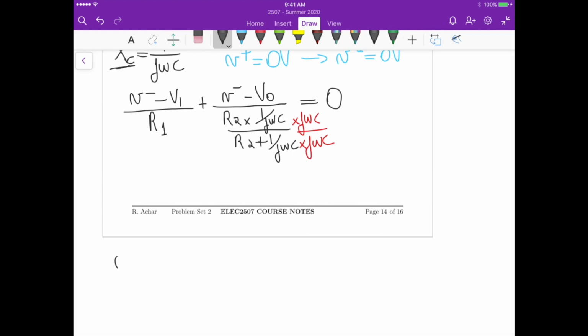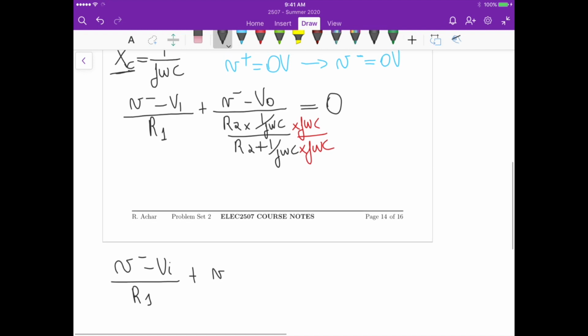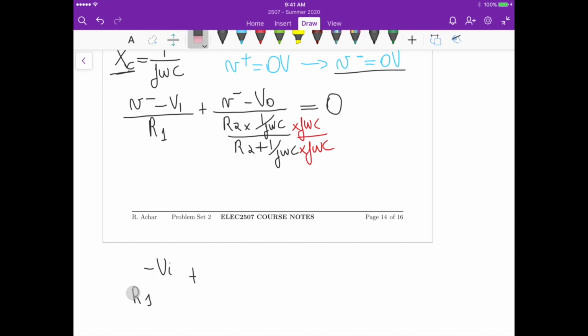So that equation becomes V minus Vi divided by R1 plus V minus. So let's simplify one thing. Because we know that V minus is equal to 0 volts, right? So let's get rid of this V minus here and this V minus here. So let's keep just the input here divided by R1 plus or minus, right?